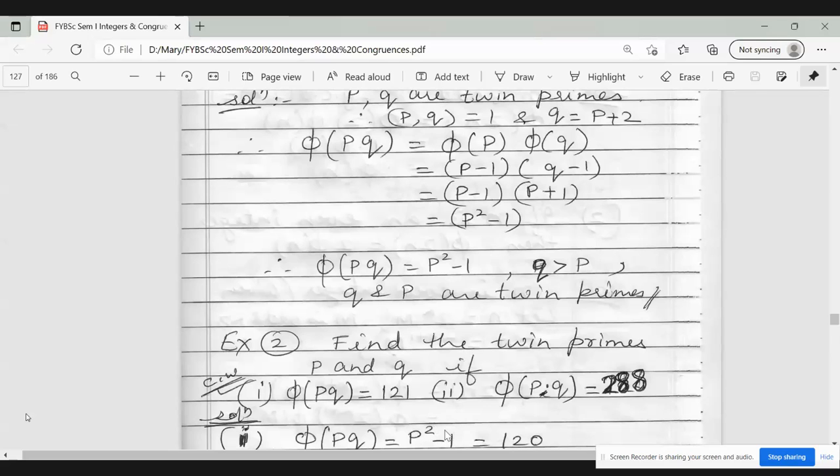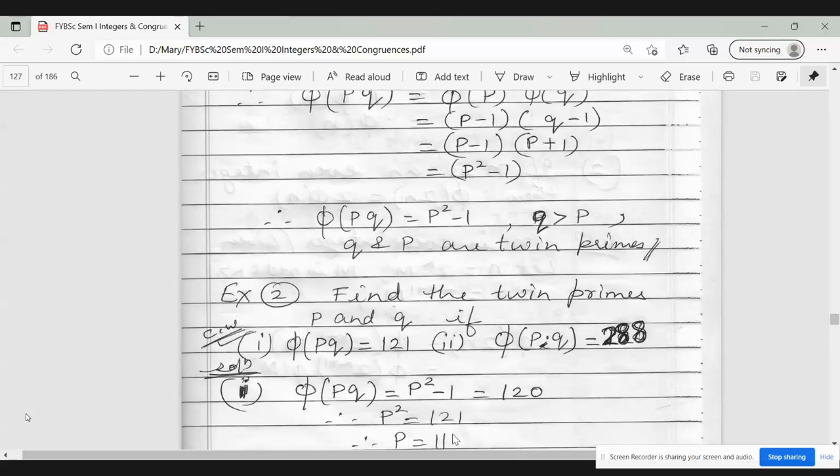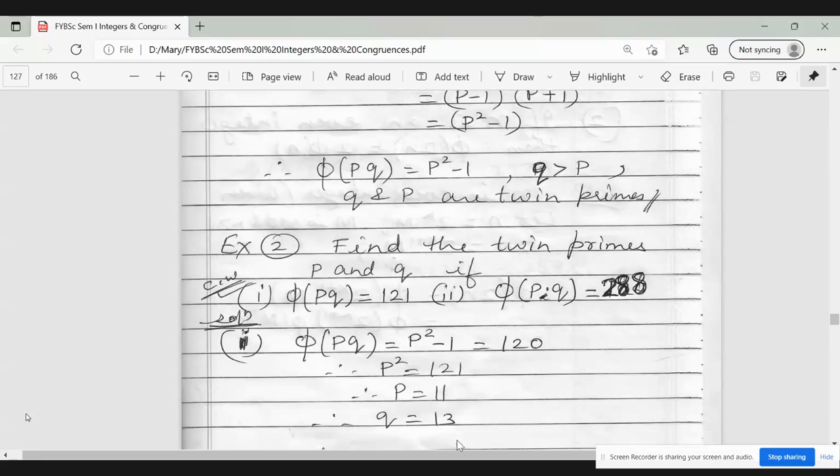P square minus 1 is equal to 120. So P square will be 120 plus 1, which is 121. So P will be 11. If P is 11, the next twin prime has a difference of 2, so the next prime is 13.